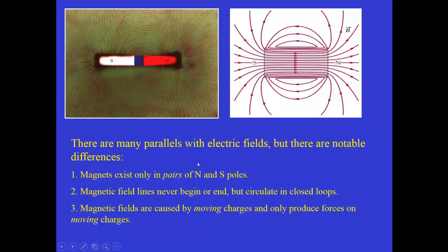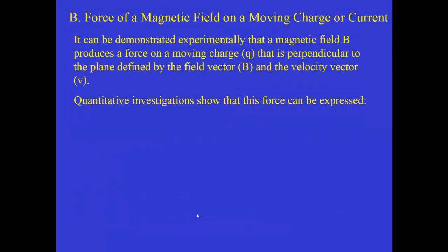We already said that magnetic field lines never begin or end but circulate in closed loops, and a significant difference is that magnetic field lines are caused by moving charges, not stationary charges. Another property is that magnetic fields only produce forces on moving charges and not stationary charges. So there's a significant difference in the properties of magnetic and electric fields.